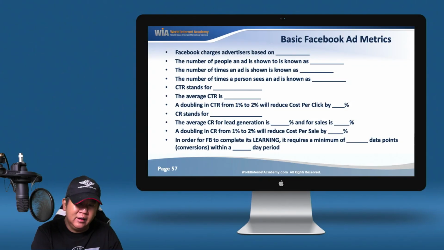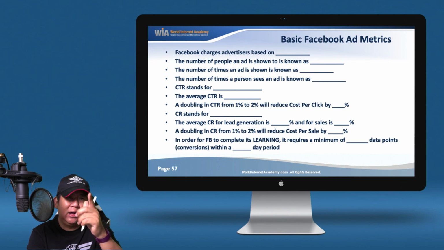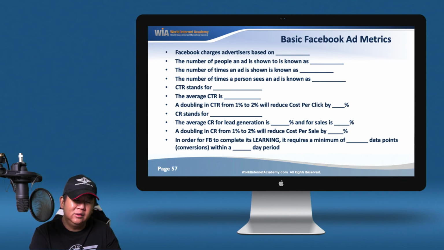And what we're saying here, for the last line, is that 1 sale a day is not enough because Facebook will not complete its learning, because it doesn't have enough sale data or data points. You need to have 8 sales a day continuously for 7 days a week for Facebook to complete its learning.